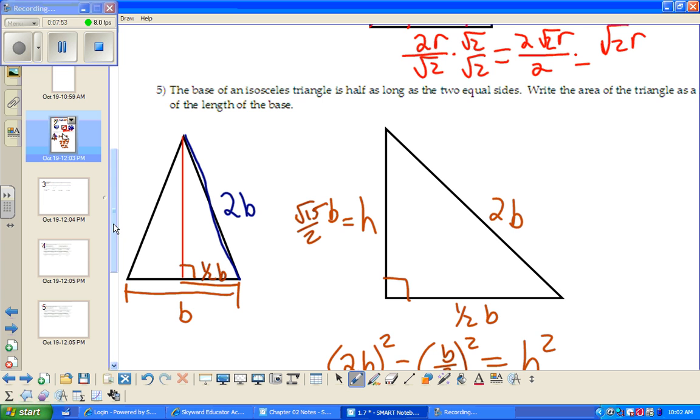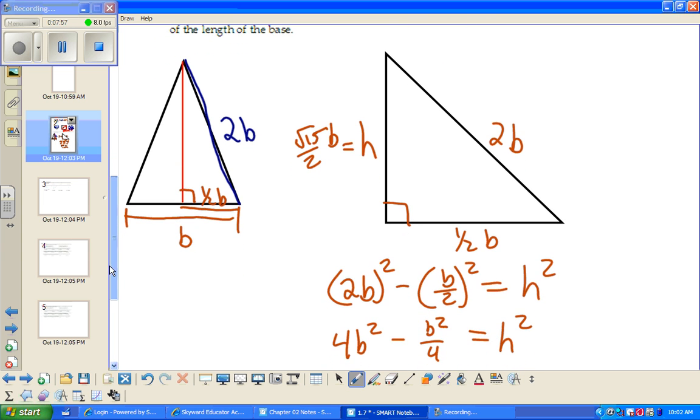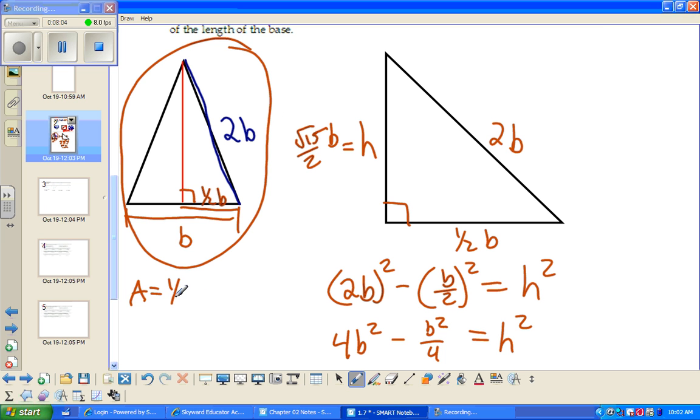And remember what the question is asking. It's asking, write the area of the triangle. Well, how do you find the area of this triangle that we started with? It's going to be 1/2 base times height.